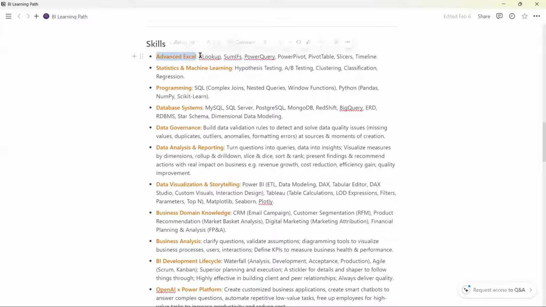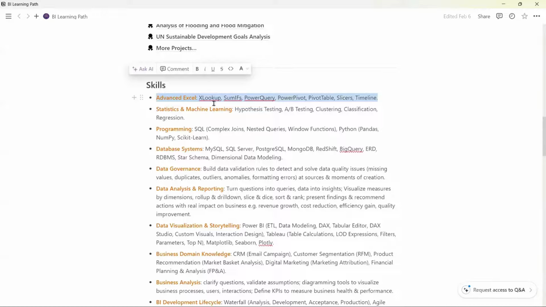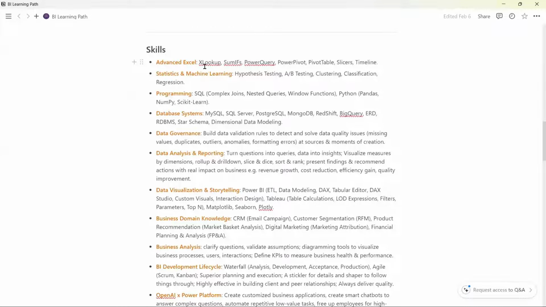Advanced Excel. Excel is still very, very popular, but just don't put the basic features. You want to put something that, when people look at it, they will believe this guy is indeed an advanced user of Excel. So you can put XLOOKUP.